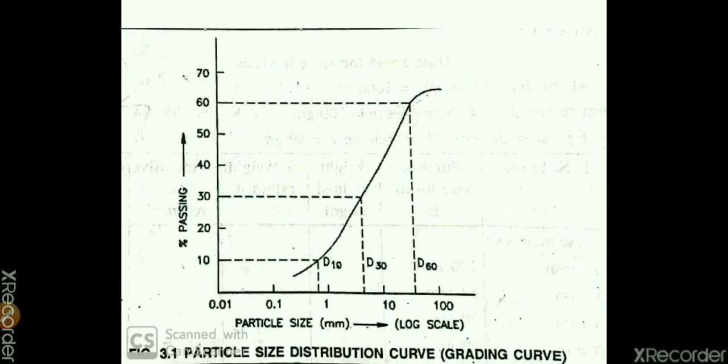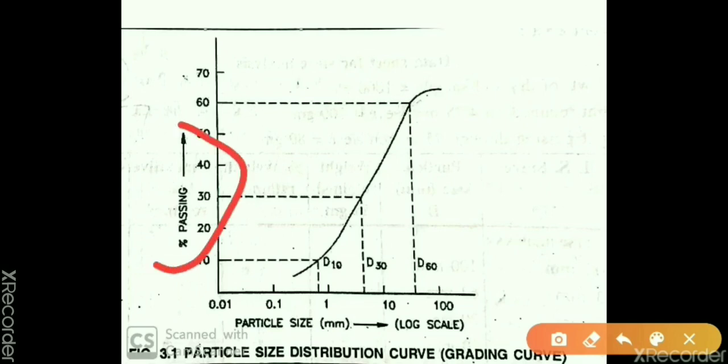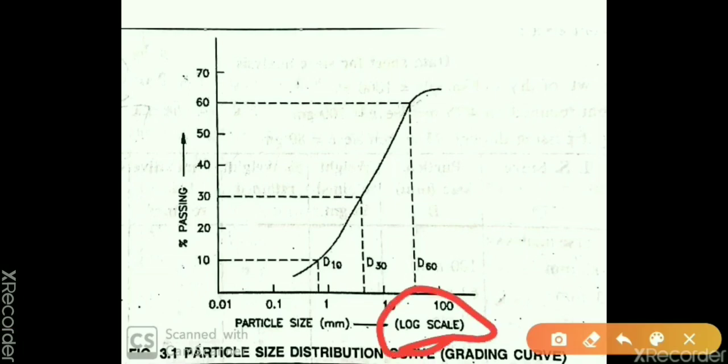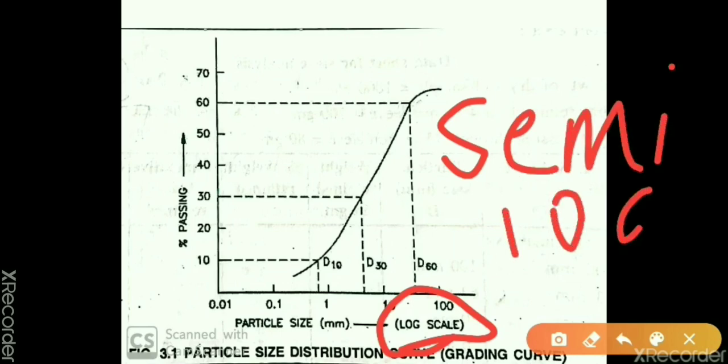This graph is on semi-log scale paper, and it is called a particle size distribution curve or a grading curve. Please remember which is plotted versus which: percentage passing versus particle size in mm, and on the x-axis particle size is taken on a log scale.